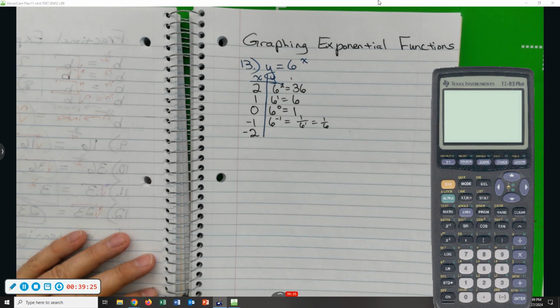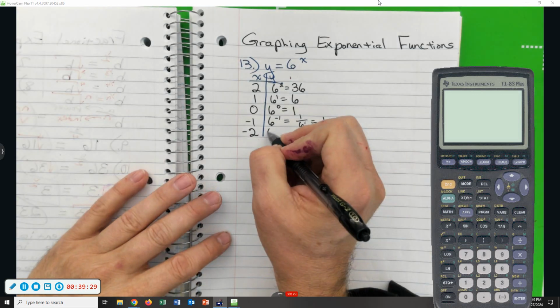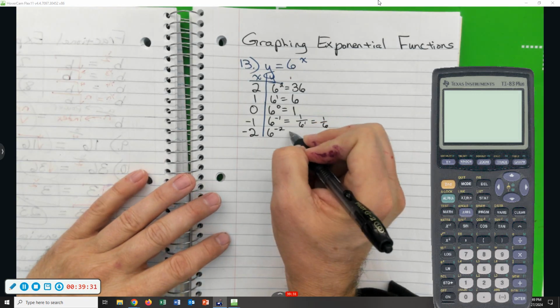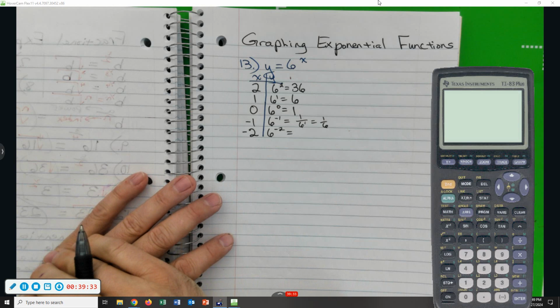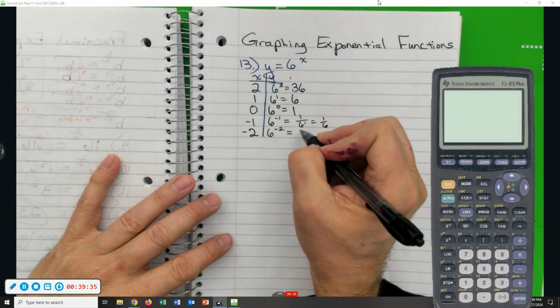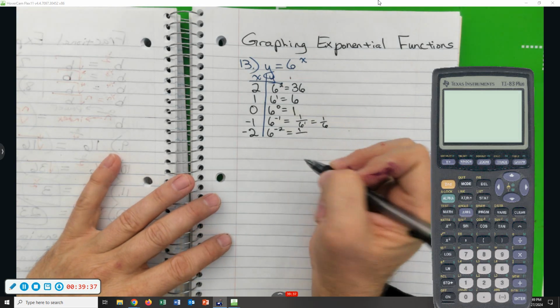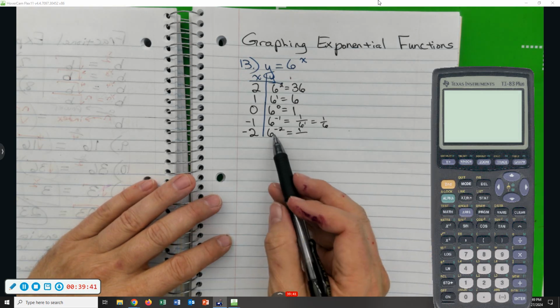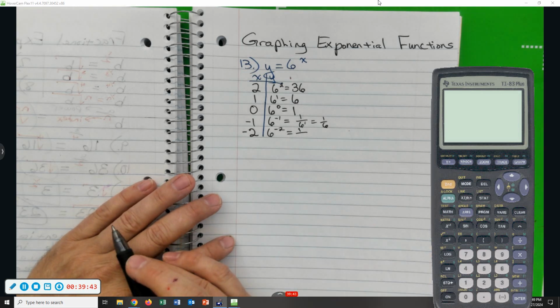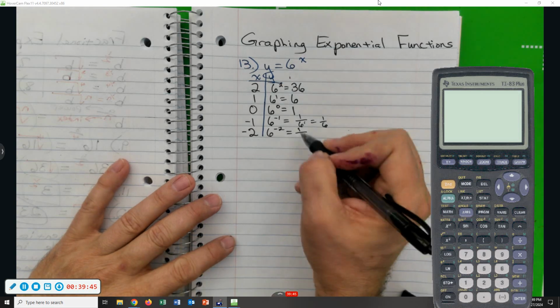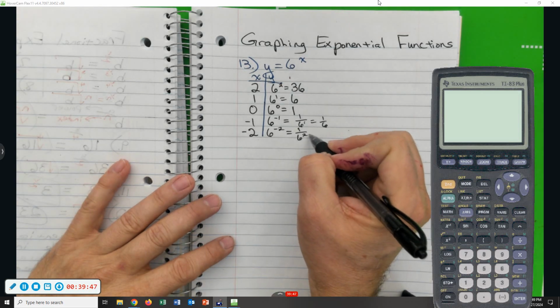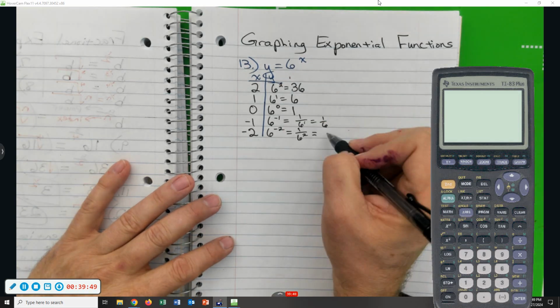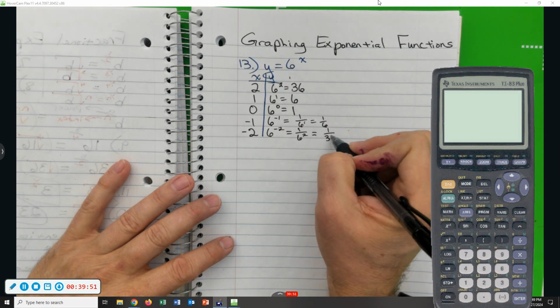Follow that same logic when you plug in -2. 6 to the -2 power is the same thing as 1 over 6 to the 2nd power. We know 6 squared is 36.